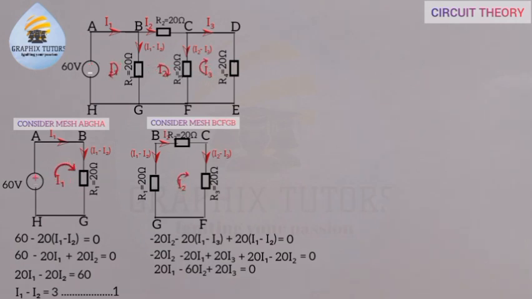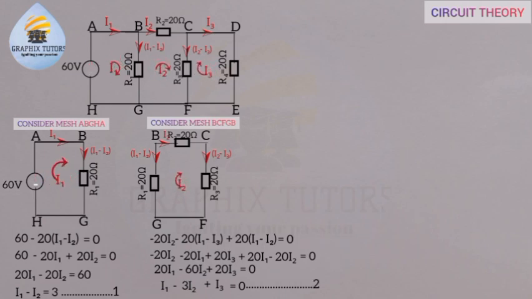So to make the work easier, I divide through by 20. So I'll be having 20 into 20 I1 gives you 1 I1, which is saying I1. 20 into 60 I2 gives you 3 I2, plus 20 into 20 gives you just 1 I3, and that's what? Just I3 equals to 0. That will be my equation 2.